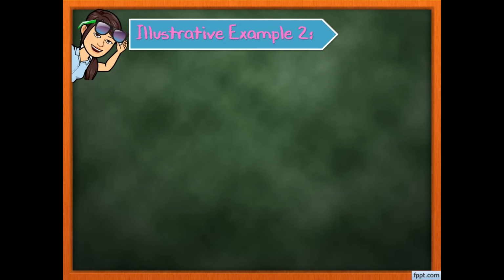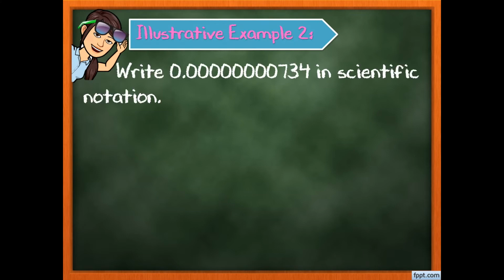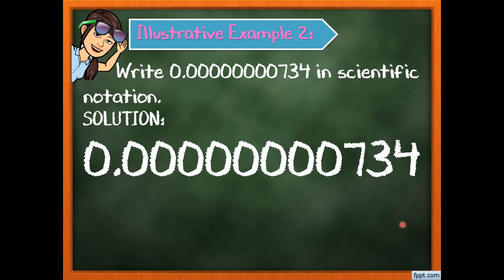Another example. Given is, you need to write 0.000000734 in scientific notation. To solve for this, you need to write the given number. Then we need to move the decimal place to the right of the first non-zero digit.